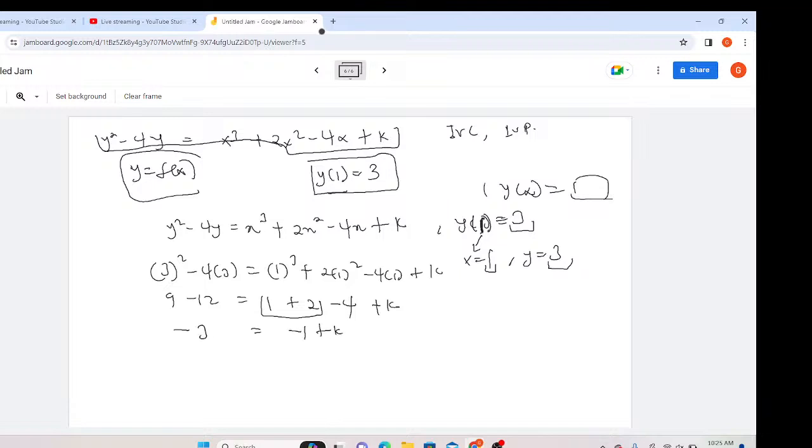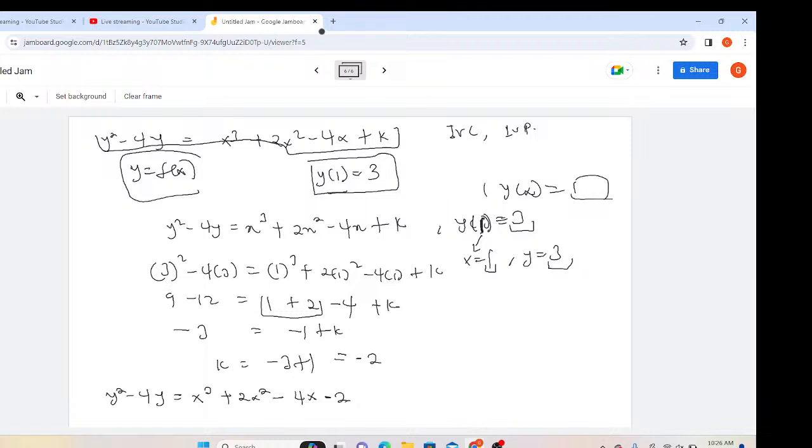Then our k becomes negative 3 plus 1, and that's negative 2. So we now have our k. Now we substitute our k back into our solution: y squared minus 4y equals x cubed plus 2x squared minus 4x minus 2.